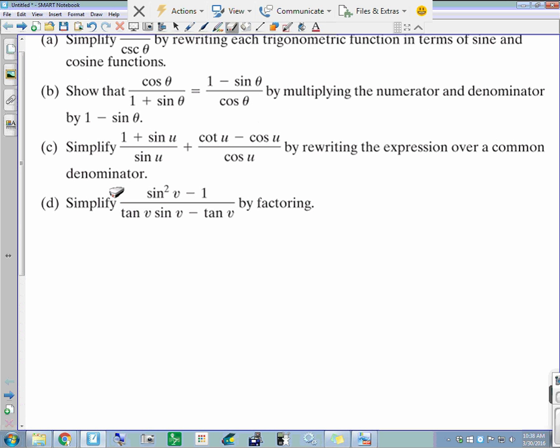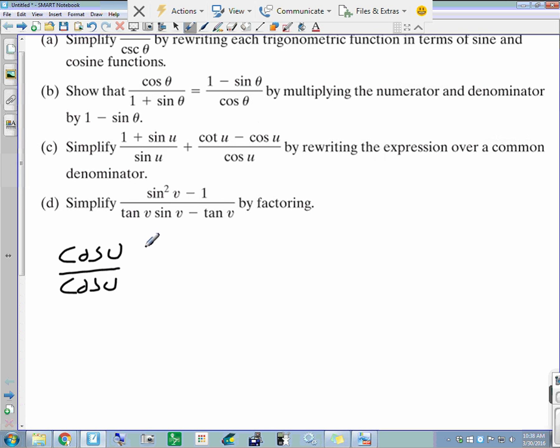let's see. They want us to simplify this by writing the expression over a common denominator. Well, if I was going to try and get a common denominator out of this, what would I have to multiply through by? Would I take the first one and multiply it by cosine u over cosine u?